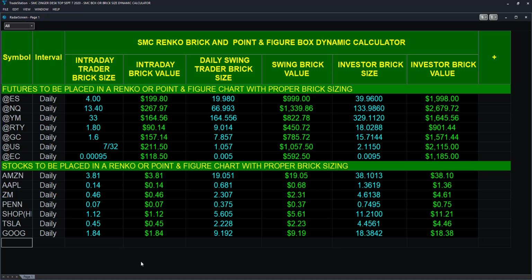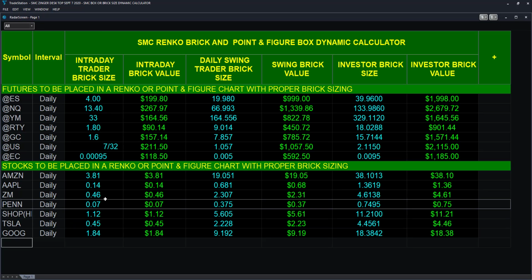When volatility increases, the brick size must increase to keep your trading in check and to slow down. When volatility is coming in, what do you want your brick size or box size to do? You want it to get smaller so that you can see the resolution and get the trades and react. This is what the dynamic calculator does on a daily basis.